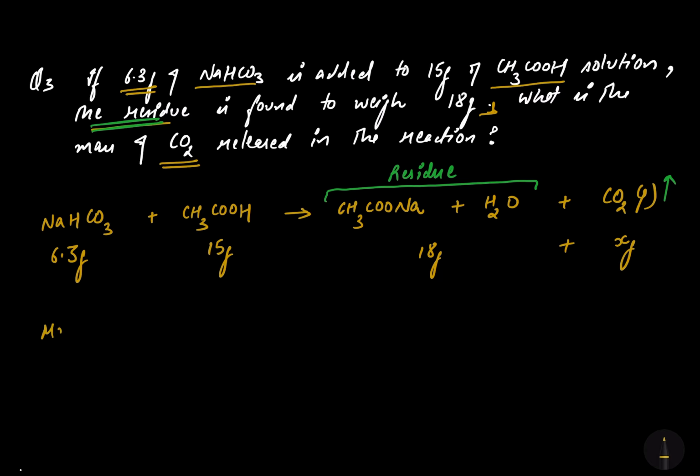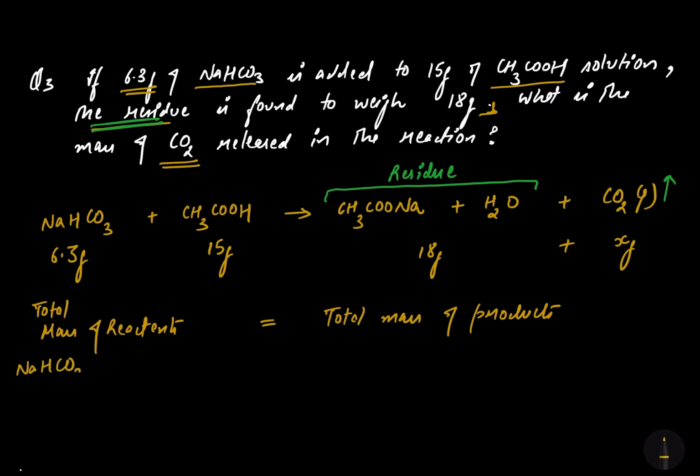The total mass of reactants must be equal to the total mass of products. So what are reactants over here? The mass of NaHCO3 plus the mass of CH3COOH. It's 6.3 grams plus 15 grams.